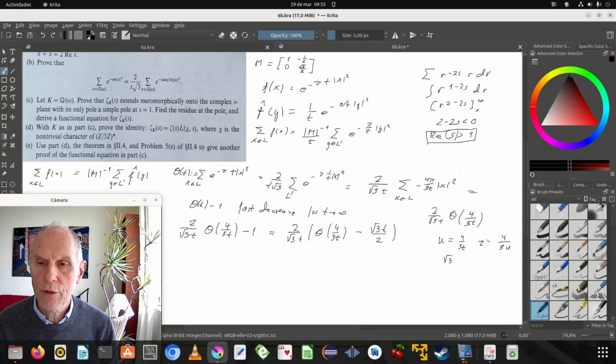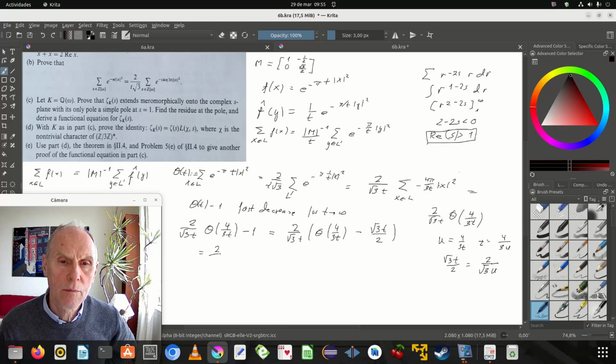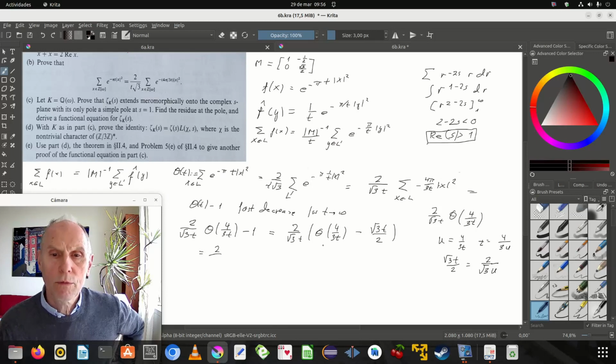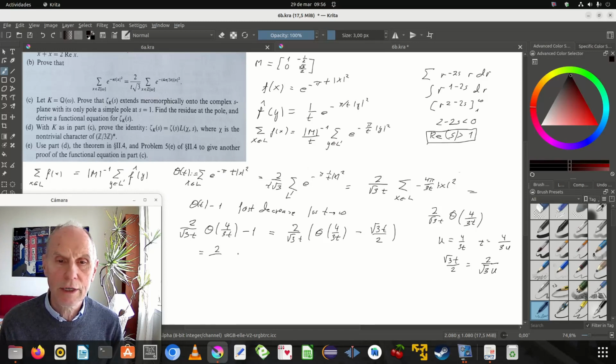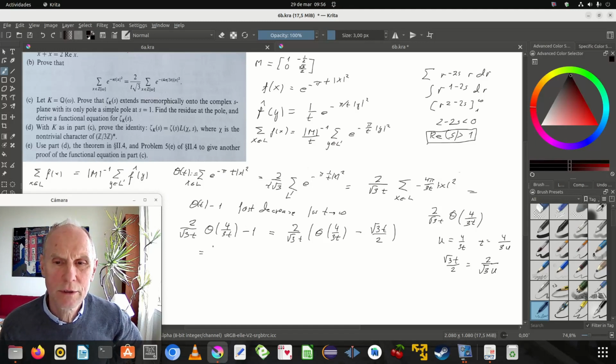So square root 3t halves equals 2 divided by square root 3u. This is just square root 3. Never mind. It will be eaten anyway when we have fast decrease. But I need to get away with t.